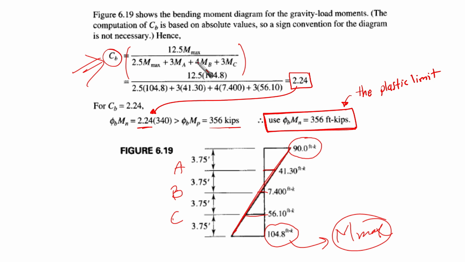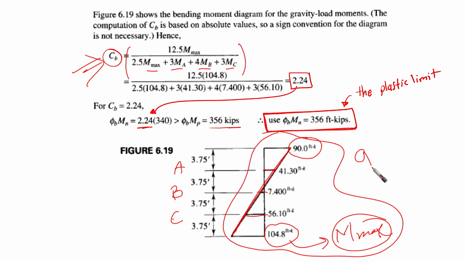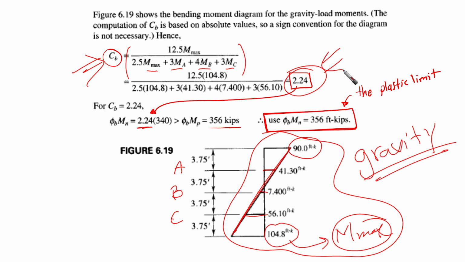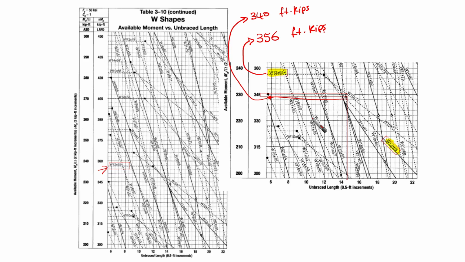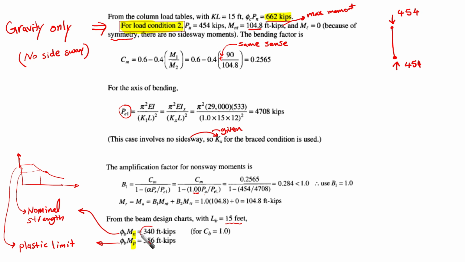So we substituted simply in this equation with all the moments known for us from the unbraced condition, gravity. Remember, we are talking about gravity condition, load condition number 2. If you calculate, you're going to find that CB equal to 2.24, which is very high, very big. This means that this moment here, 340, this limit that we have obtained, will be multiplied by 2.24, and it will exceed the yielding limit, the plastic limit.